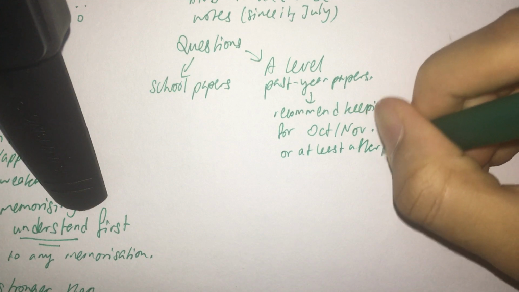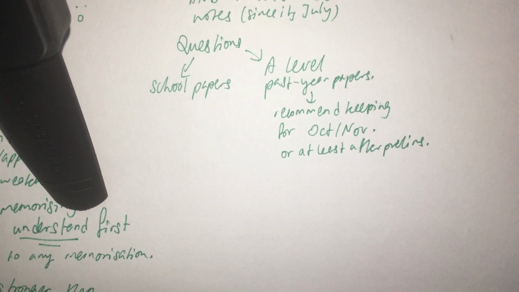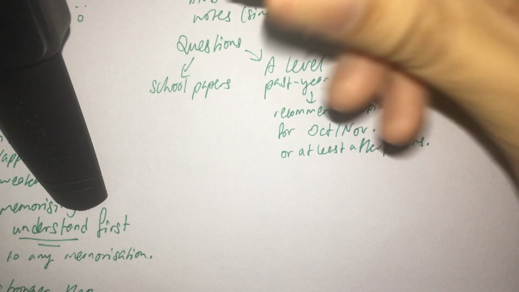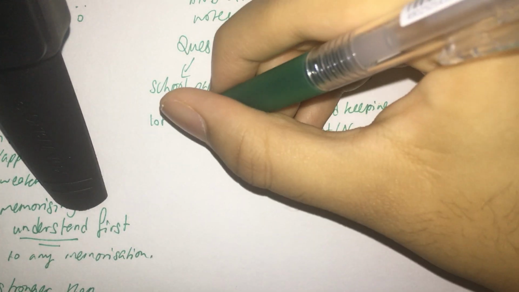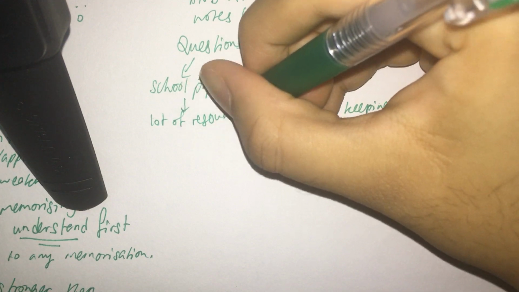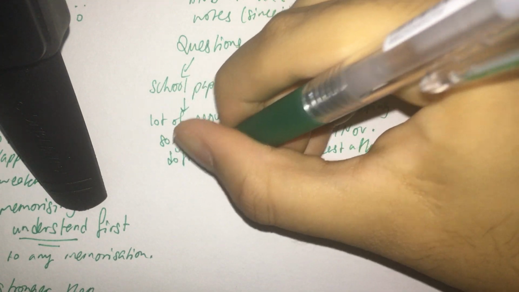So if you're that kind of person, then please keep the A-level questions for A-levels itself, like maybe 1 or 2 months before the A-levels, because there's actually enough time in that 1 or 2 months to actually finish all of the A-level past year papers. Definitely you can do.